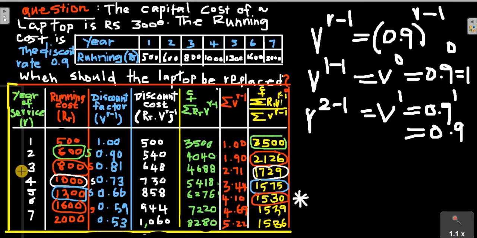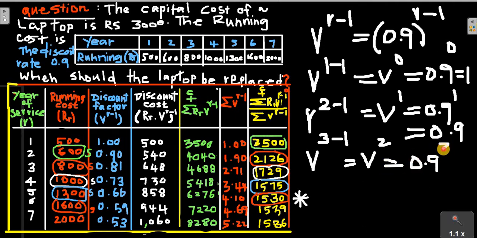Now let us calculate the third year discount factor. Put R equal to 3, and you will get V squared. V squared is 0.9 squared, which is equal to 0.81.